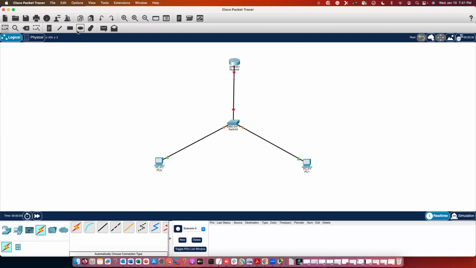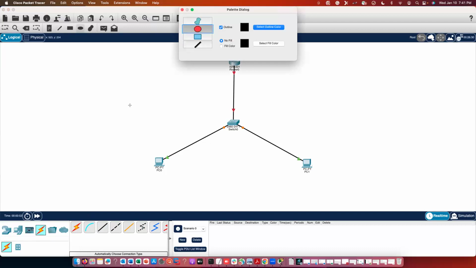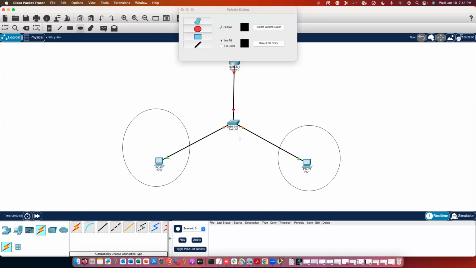Okay, so as per the idea, this one is VLAN 10, and this is VLAN 20.